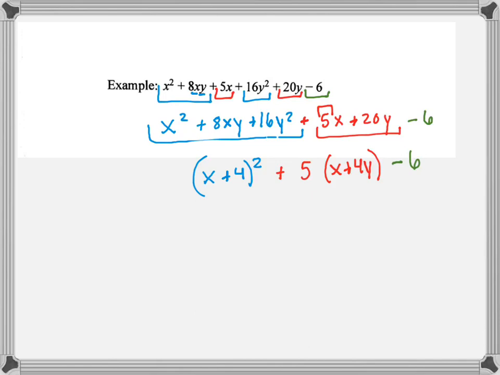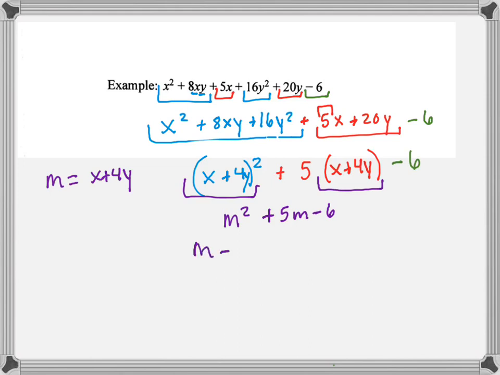At this point, the important thing to recognize is that we have a common factor of x plus 4y. So this means that we can substitute something for this. If I make m equal to x plus 4y, then I can just make it m squared plus 5m minus 6, and this becomes a simple factoring problem.